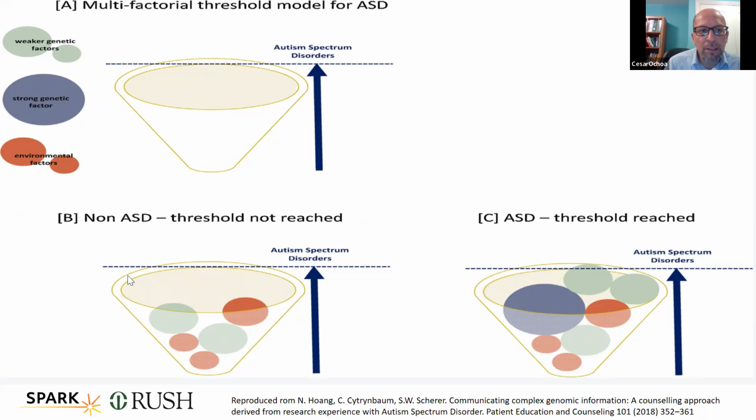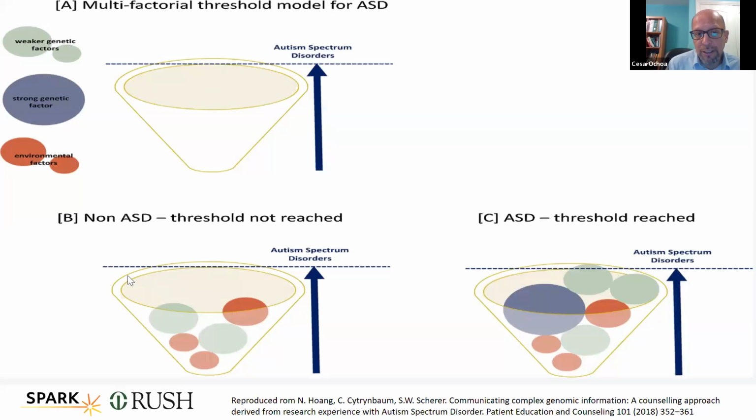The purple ones are the rare variants, and these balls are larger, and they give more risk for autism. In some cases, just one of these may cause autism. And then the orange balls are the environmental factors, which we don't understand very well, but we put them there because we know that they are important factors.